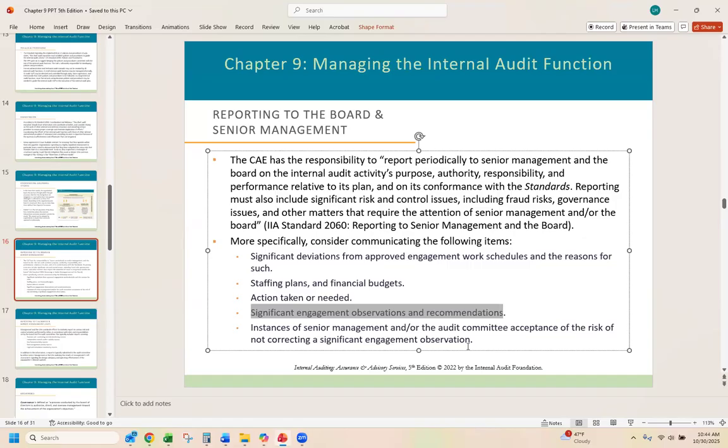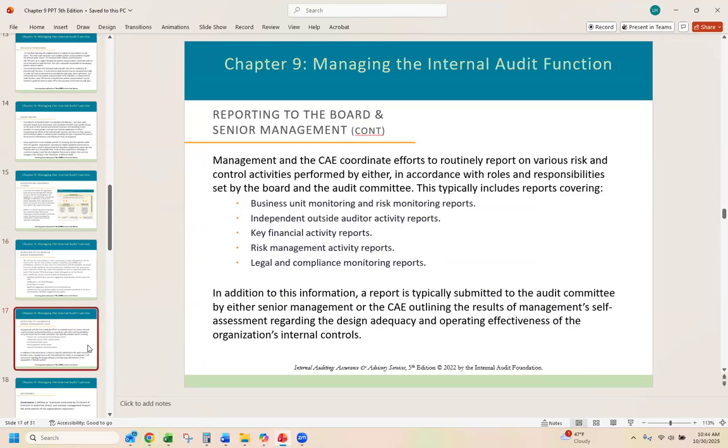And then letting them know, hey, if you don't do this, this is what could happen. So, all right. Let's see. This is more reporting. Let's see what typically roles and responsibilities.